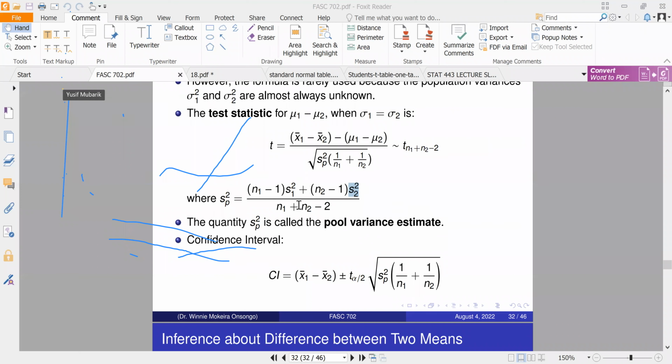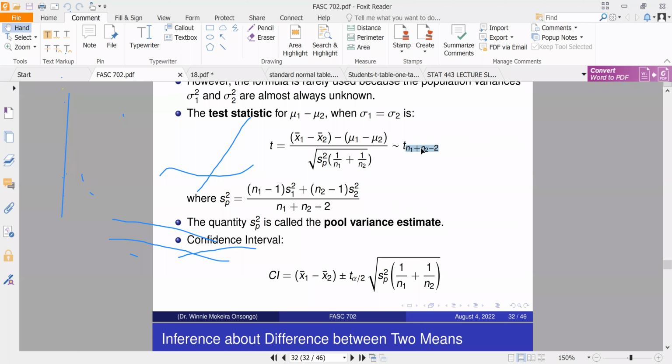Now, with respect to the degrees of freedom, you realize here we are saying that we have N1 plus N2 minus 2 degrees of freedom. This minus 2 is because of the two population parameters, mu1 and mu2.